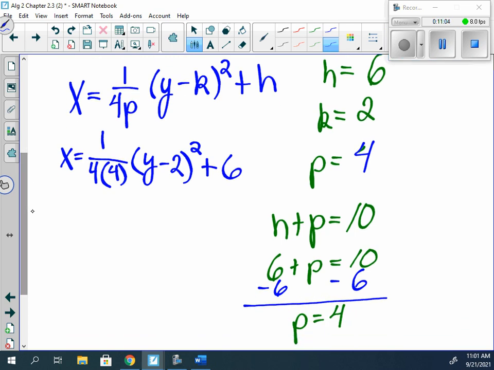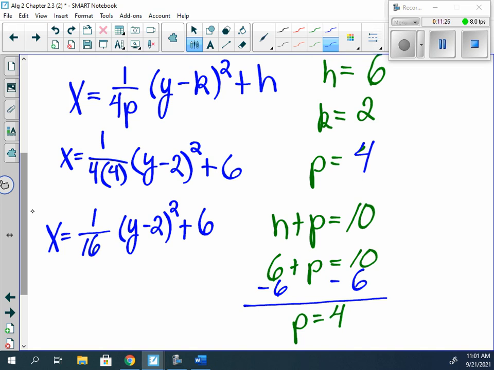Now this whole equation, there is one thing that we do need to simplify. 1 over 4 times 4. 4 times 4 is? So 1/16 times y minus 2 squared plus 6.